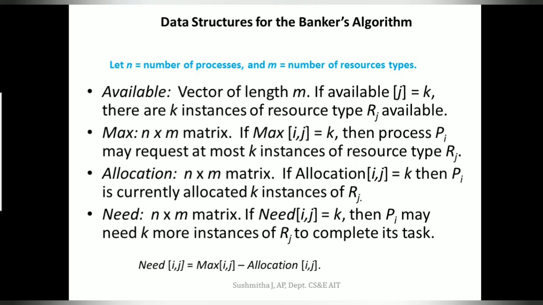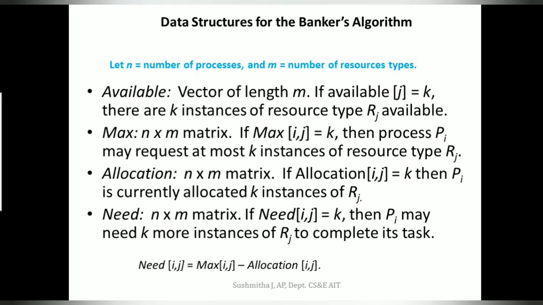Again I stress the resource type and the resource instance. R1 is a type of resource which can have many instances of that resource. Now we have 4 other variables: available, max, allocation and need.